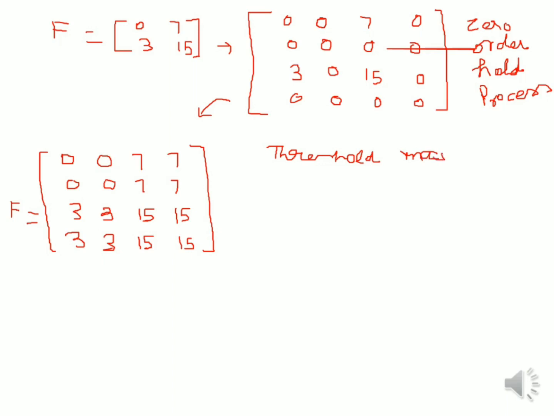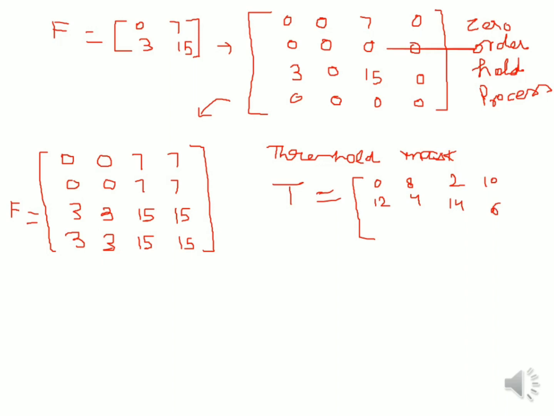Since the image is of the size 4 cross 4, the commonly used threshold mask we will take of 4 cross 4, its components 0, 8, 2, 10, second row 12, 4, 14, 6.